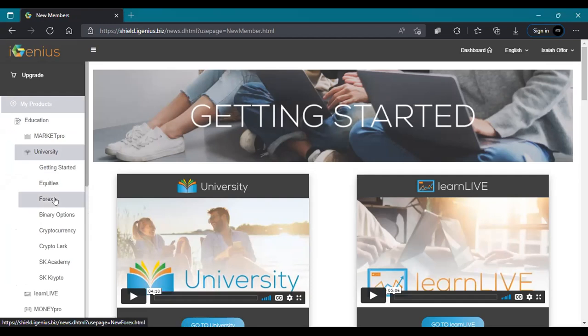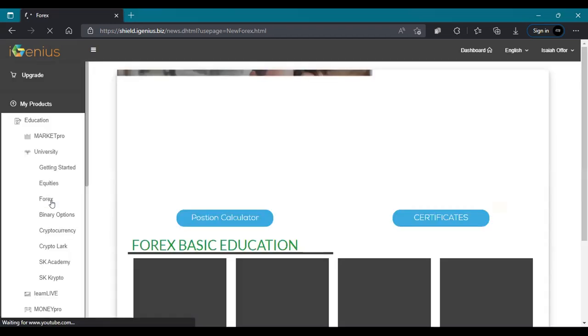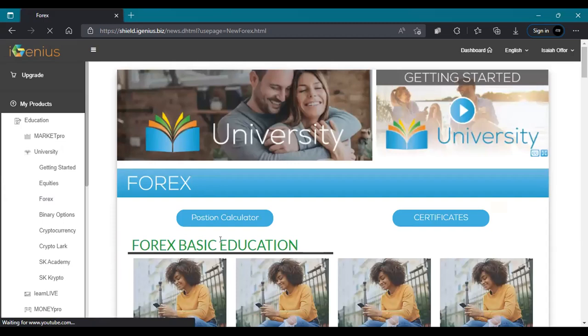So if I signed up for the academy, I wanted to learn about Forex, I'm a very new person that has never traded Forex before. So the first thing I want to do is I want to know about the basic stuff on Forex, right? So if I click on Forex, I'm going to have Forex basic education.